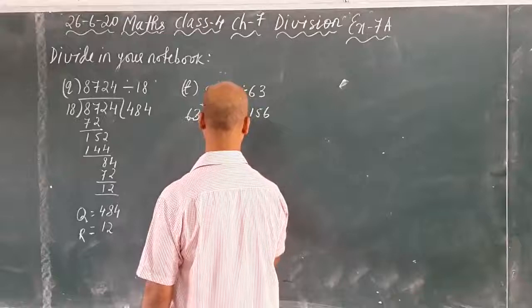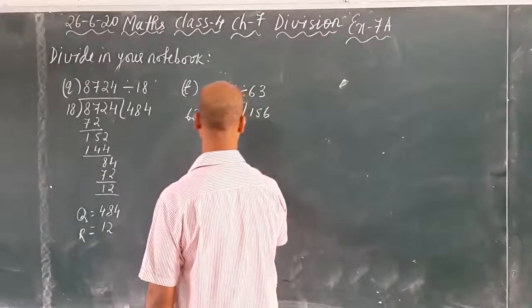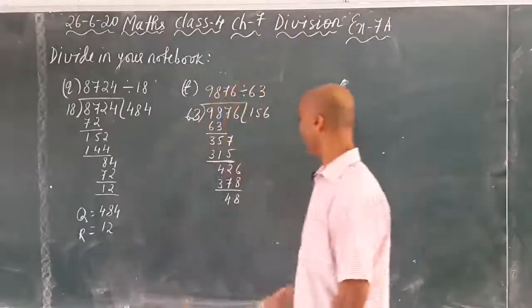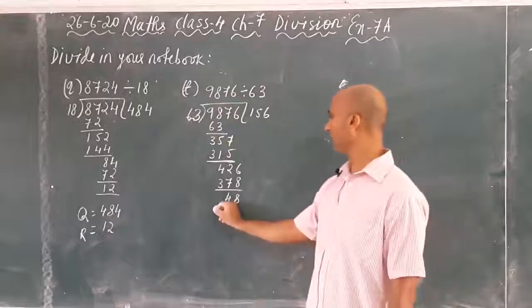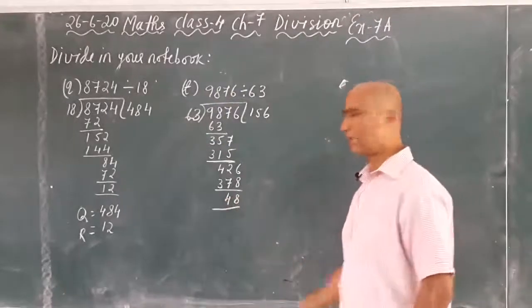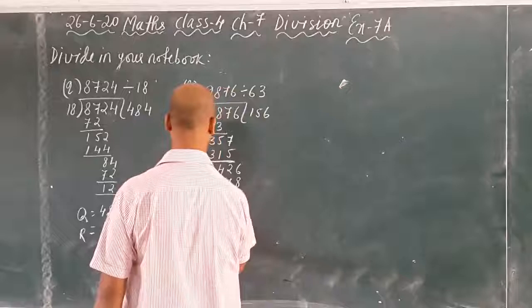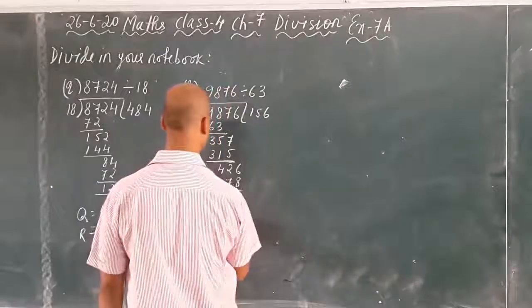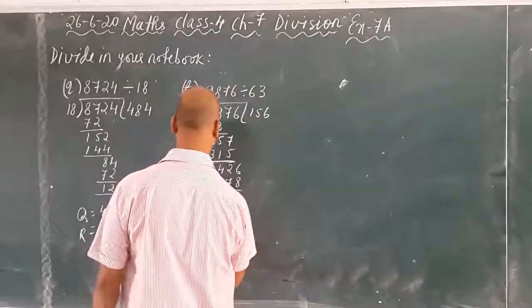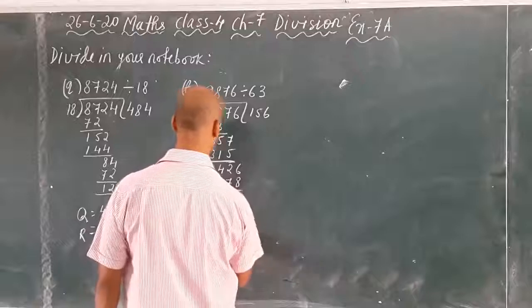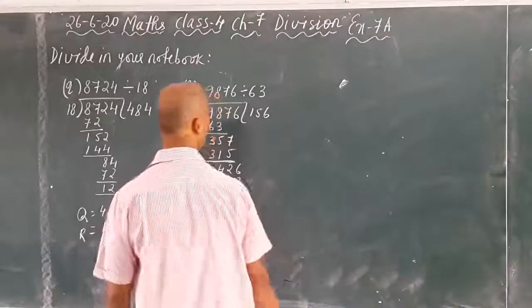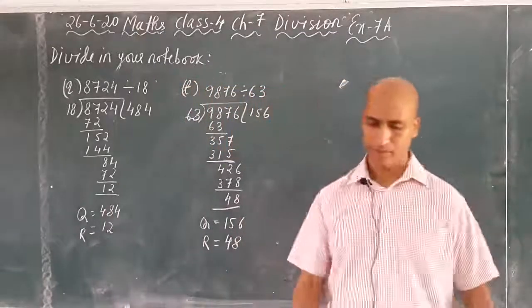From 11 subtract 7, 4. And from 3 subtract 3, 0. So remainder is 48. So quotient is equal to 156 and remainder is 48. Okay.